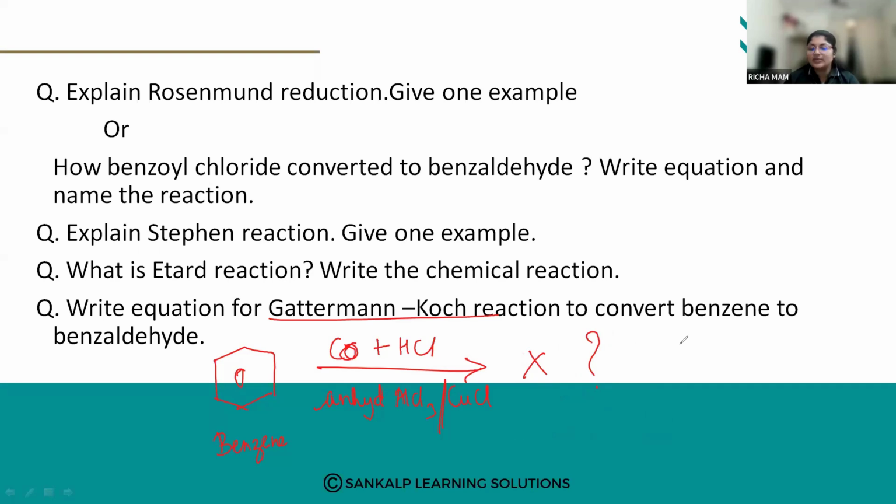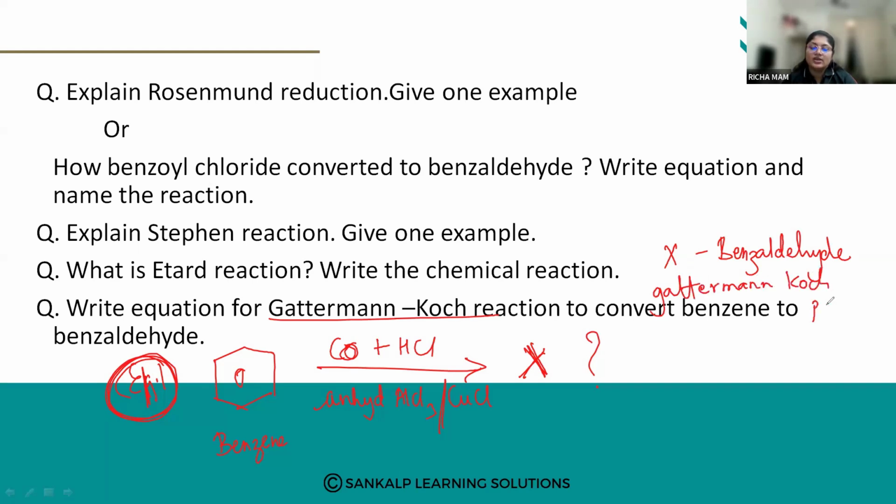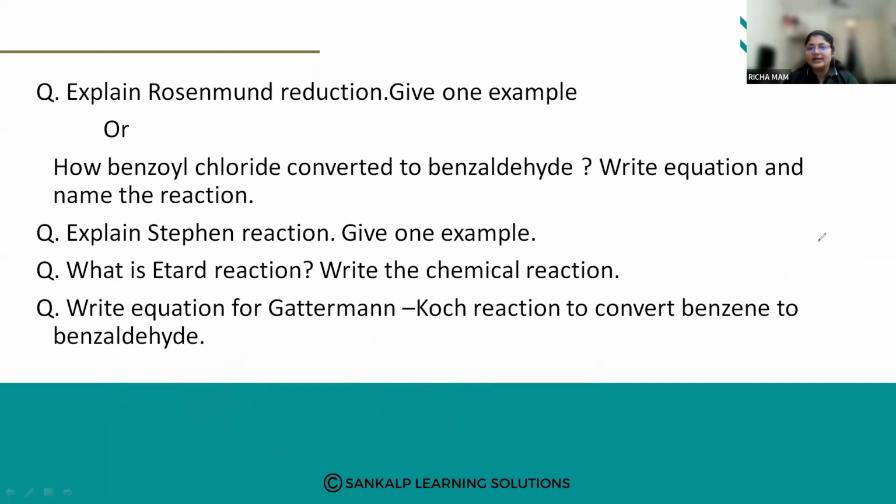The next question they ask is to name the reaction. What is the name of the reaction? It is Gattermann-Koch reaction. Like this they will ask you, either directly or indirectly.